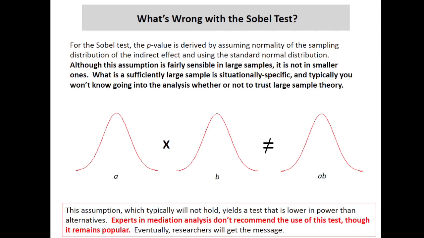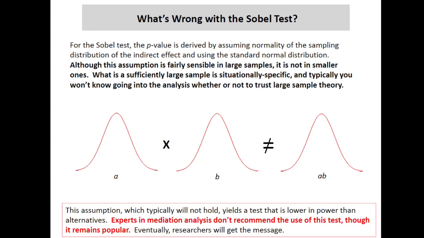The problem with the Sobel test is that we're making this assumption of normality of the sampling distribution of the product of A and B. That is, that assumption is what gives rise to the use of the standard normal distribution for generating the p-value. Not a bad assumption to make in big samples, although even then you could make the case that the assumption of normality actually tends not to be true.